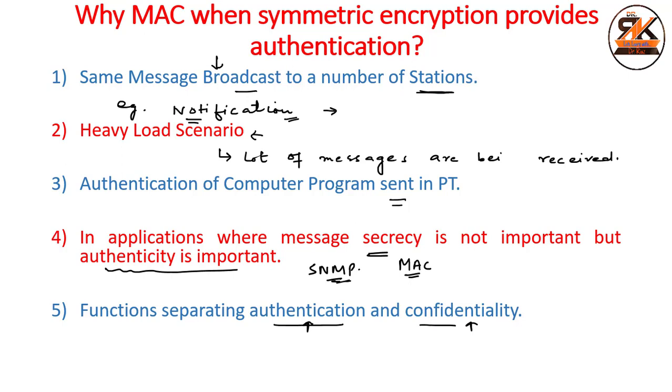For example, it may be desired to perform authentication at application level, but to provide confidentiality at a lower level, such as the transport layer. So when we require authentication at the application layer, we will go for MAC authentication. We will not do the encryption there. But when we are at the transport layer, we can go for confidentiality at that place.